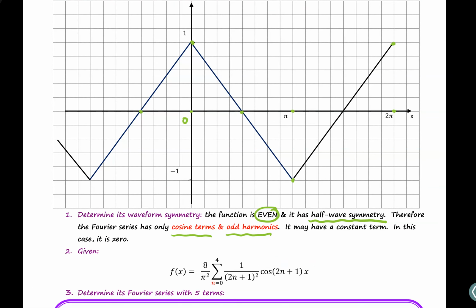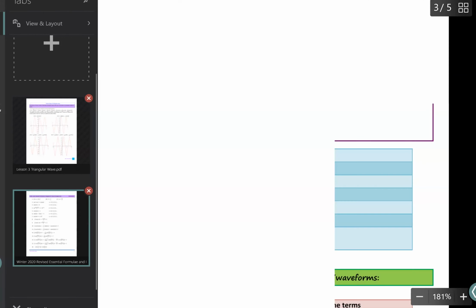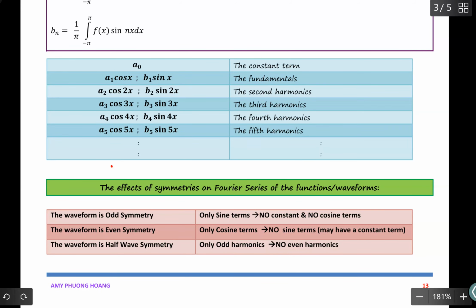Let's get back to our formula sheet to confirm this information. This one is odd, so it has the sine term.